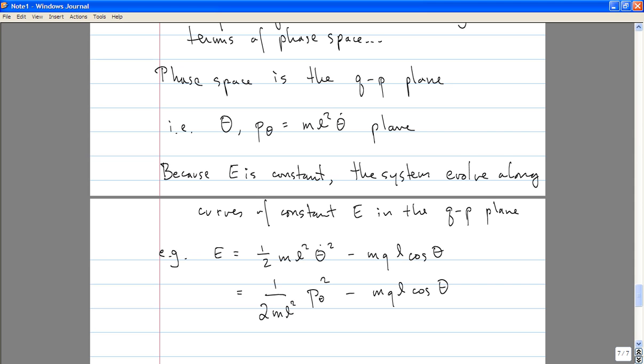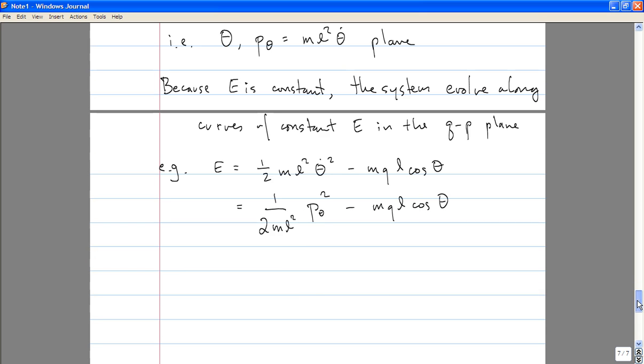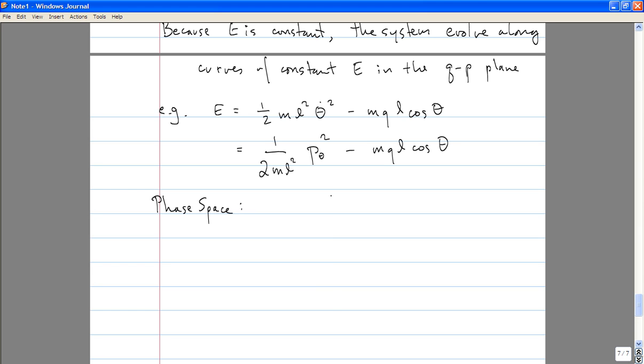So because of that, it's useful to draw a picture of phase space, which is the QP plane, or the theta p theta plane. And then on this plane, we can draw the lines of constant energy. So let me first draw what the lines of constant energy look like, and then explain the diagram to you.